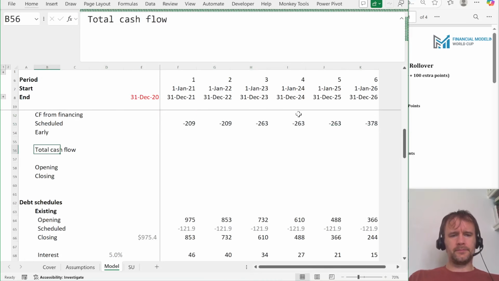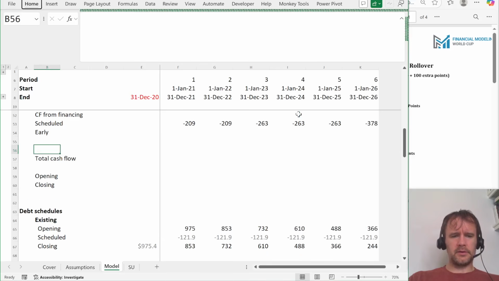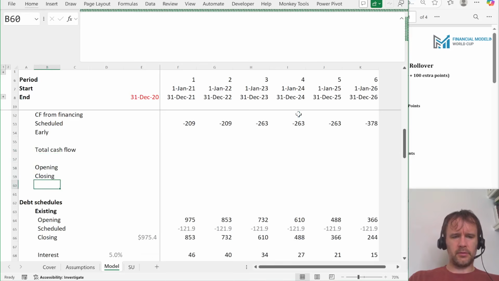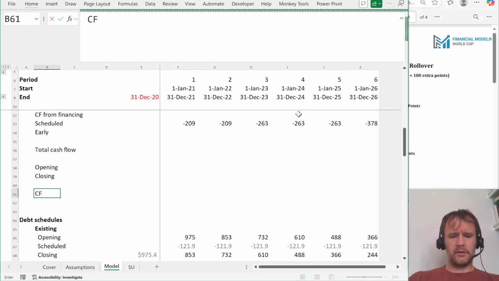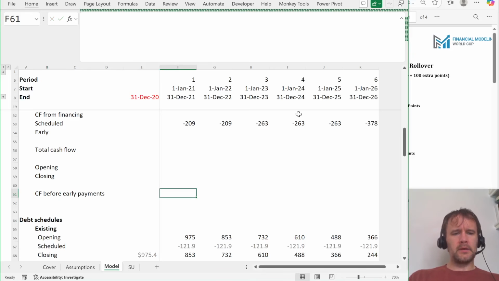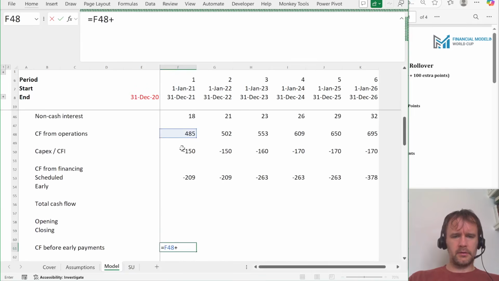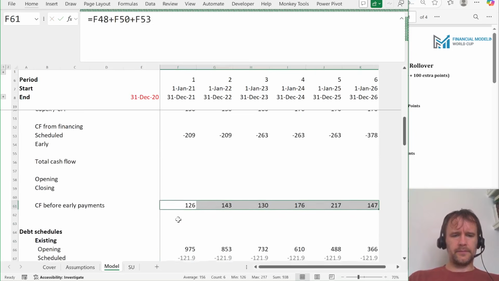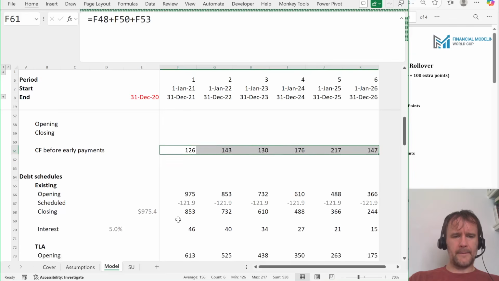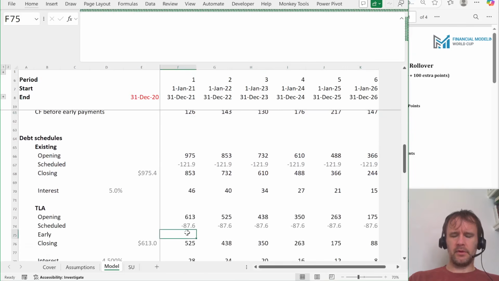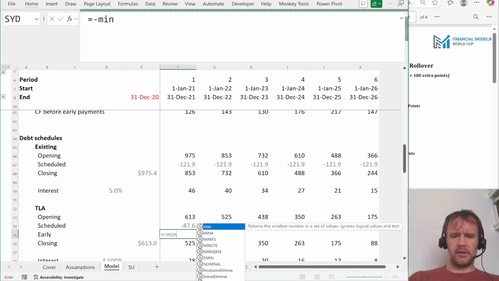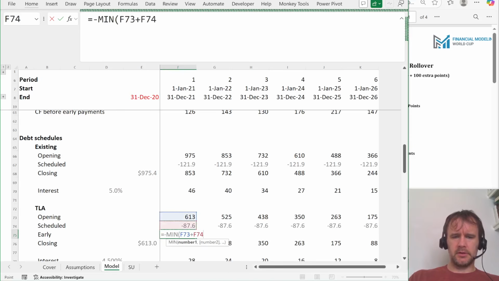So then, I guess what I want is, I'll make it a separate working section down here, I suppose. CF before early payments. And that is going to be cash flow from operations plus cash flow from investing plus scheduled repayments. And then we're going to say minus the min of this plus this and this.